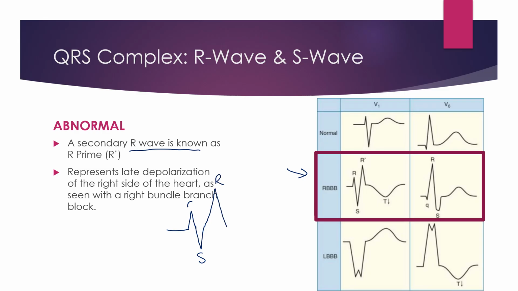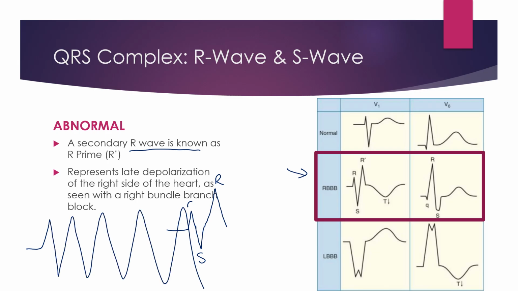So this would be an RSR complex. This is seen with a right bundle branch block, and we'll get into that even more when we talk about 12 leads. But when you see that, you should be considering that the patient may have a right bundle branch block. Now, if you see RS, RS, RS, RS, RS, that's VTAC.